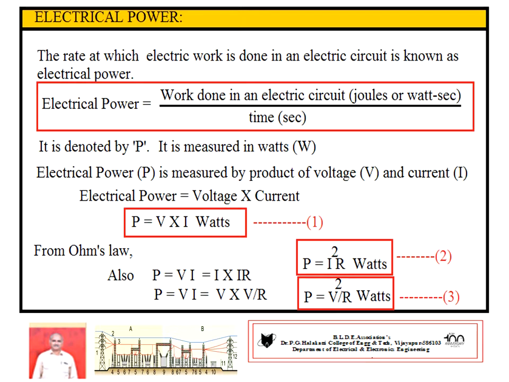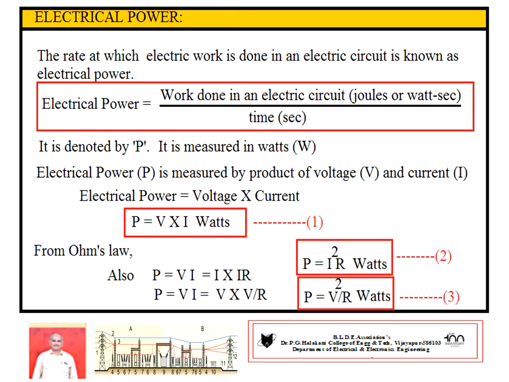So, the selection of the power equation depends upon the data available in the given DC circuit. If V and I are available, then you can use equation number 1. If current and resistance values are available, then we can use equation 2. Similarly, if voltage and resistance values are available, then we can select equation 3.